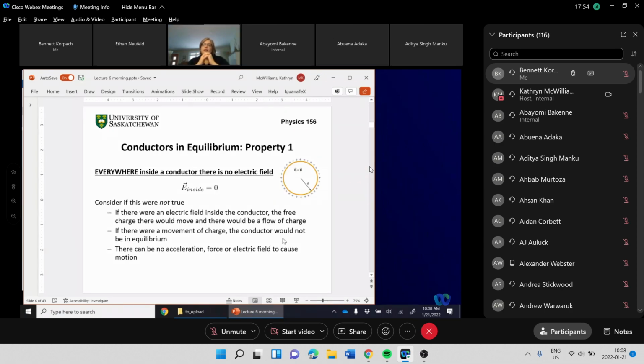Okay, and then this, hopefully, oh, maybe instead of telling you why, I'll ask you: does anyone know why the electric field might have to be zero inside this charged conductor? Anybody know what formula we might be able to use to show this?